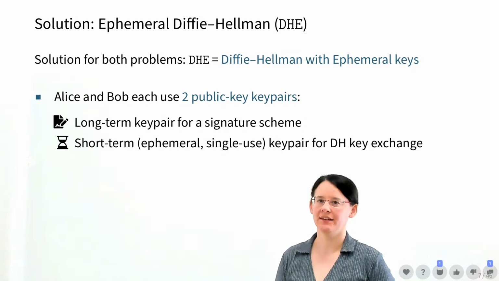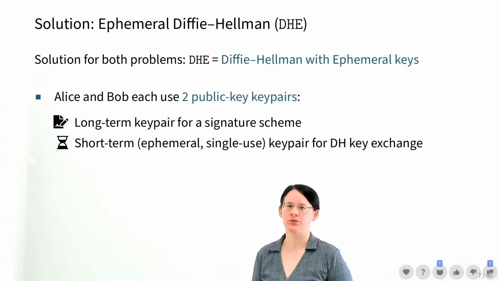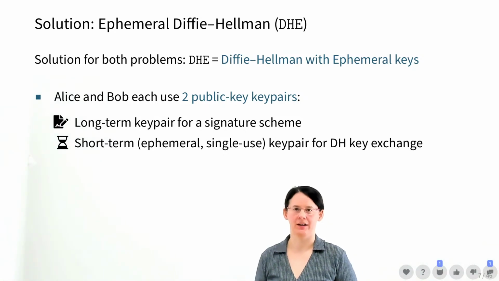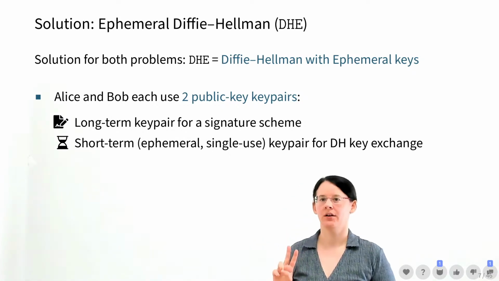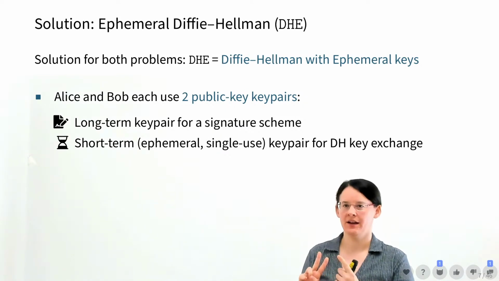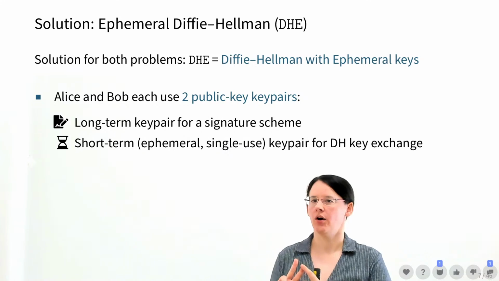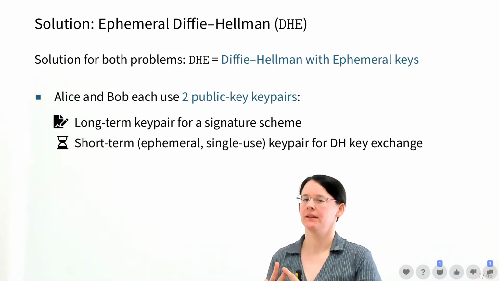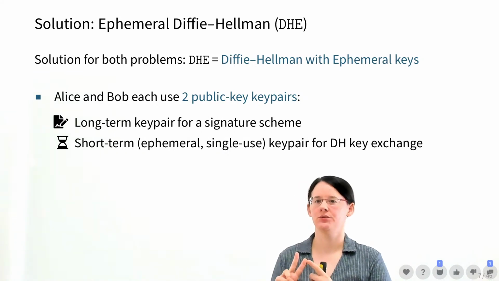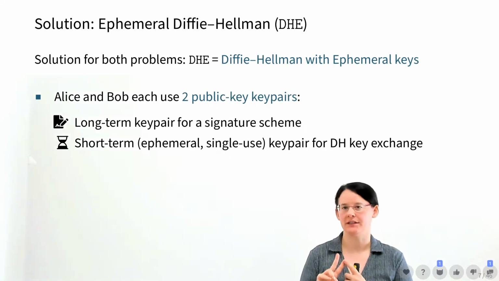The basic idea is that Alice and Bob both don't just have one public key pair, like a public and private key, but they actually have two at any time. One is a long-term key, but it isn't actually used directly for exchanging the key, only for signing.